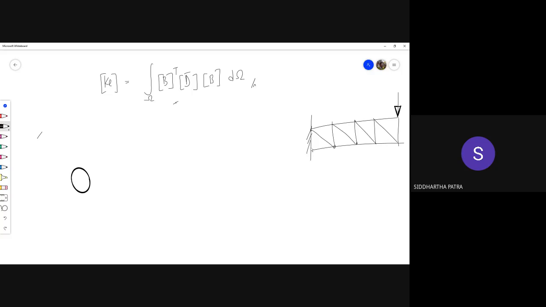Now what do we know about beams, cantilever or simply supported or overhanging, whatever, that the maximum variation of stress occurs across the cross section. It goes from high positive to high negative. Of course, the amount of stress would depend on how much is the bending moment or how far you are from the free end.